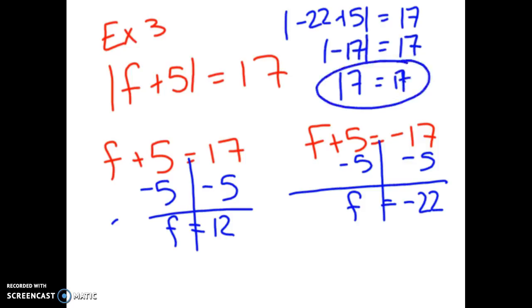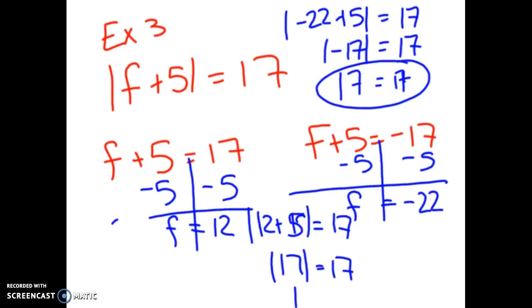Then if we check 12, 12 plus 5 in the absolute value is equal to 17, 12 plus 5 is 17, and the absolute value of 17 is 17. So they both work. When you're solving this, it is really important to check your work by plugging in the numbers to decide if it is correct.